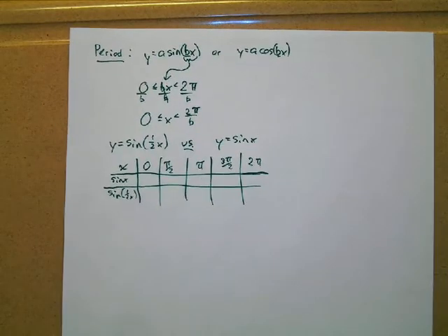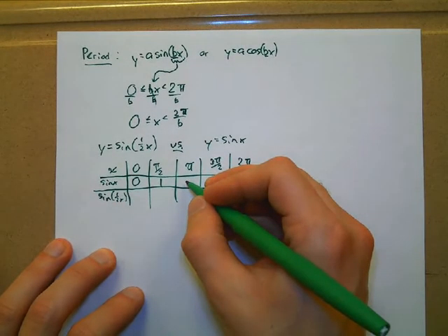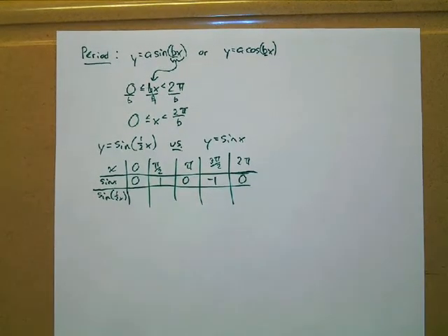But now when we evaluate these other things, my x value is 0. I'm going to plug that 0 in for x and multiply by 1/2. 0 times 1/2 is still 0, so we're going to do sine of 0. And what's the sine of 0? Still 0.